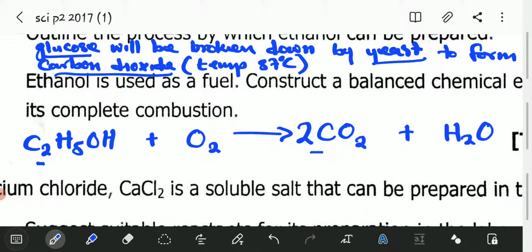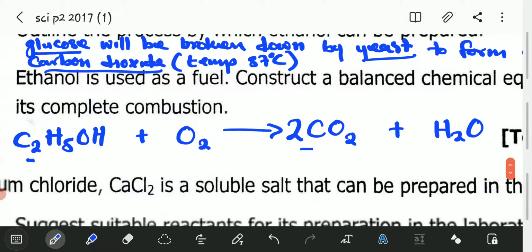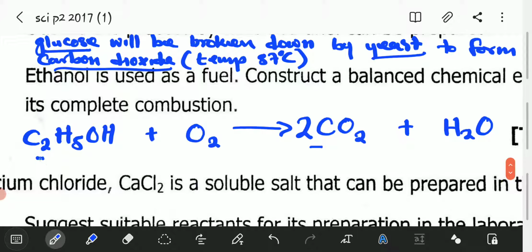Then we turn our attention to hydrogen, because hydrogen is hidden so much in compounds. On the reactant side, how many hydrogens do we have?